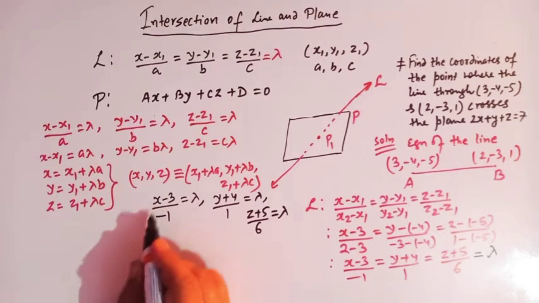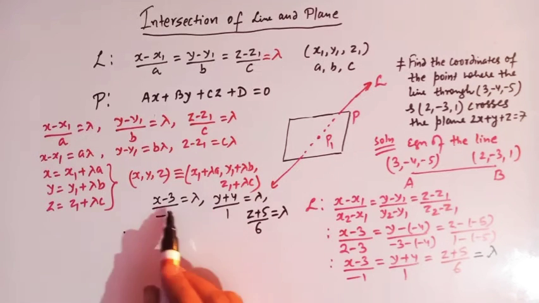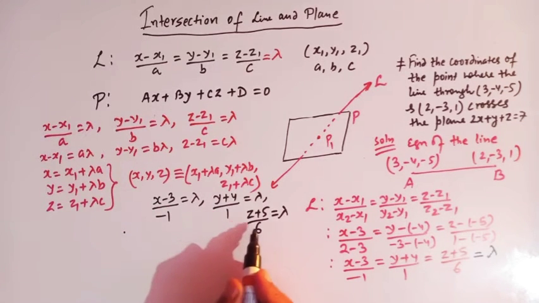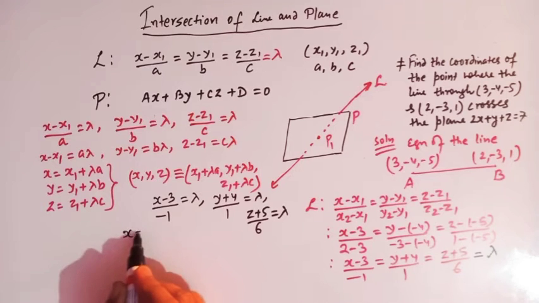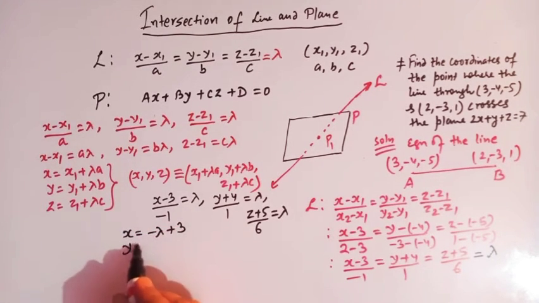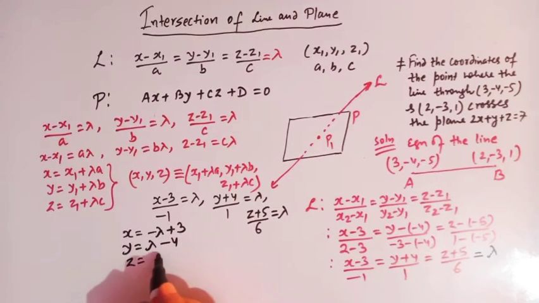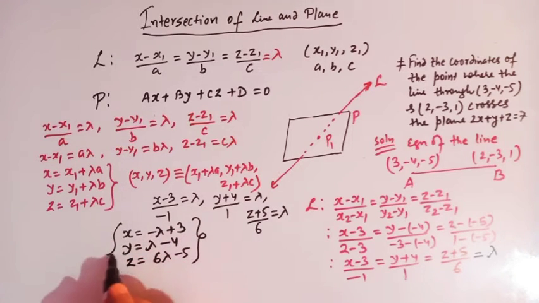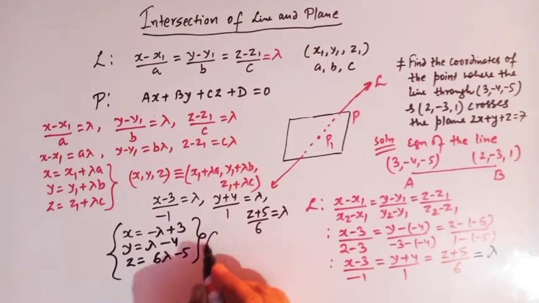Now if we solve these three equations for x, y and z, then we get x is equal to minus lambda plus 3, y is equal to lambda minus 4, and z is equal to 6 lambda minus 5, right?